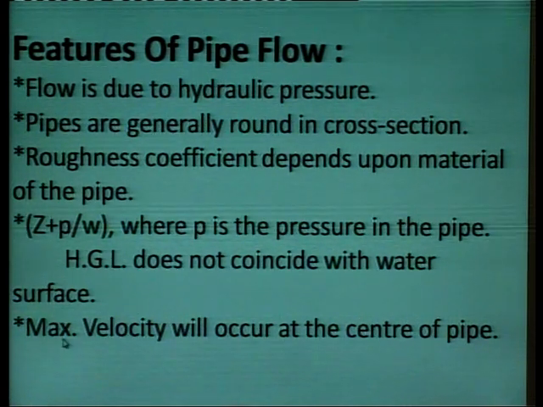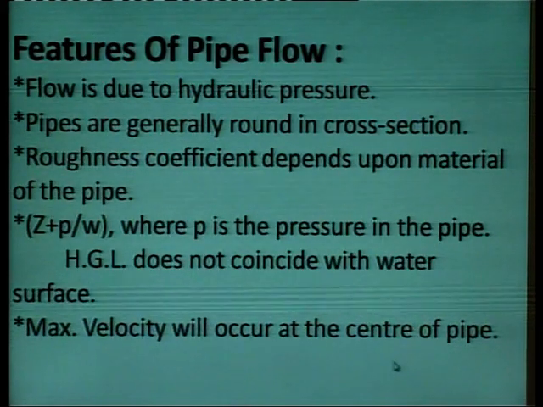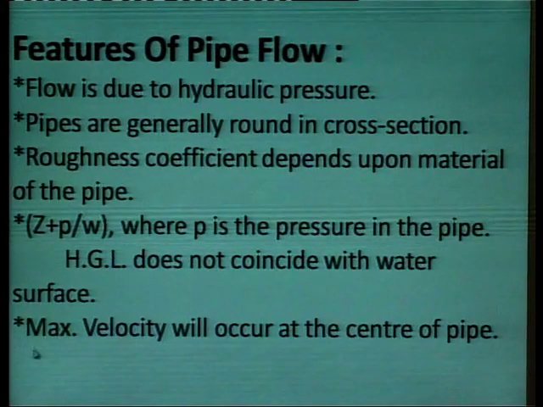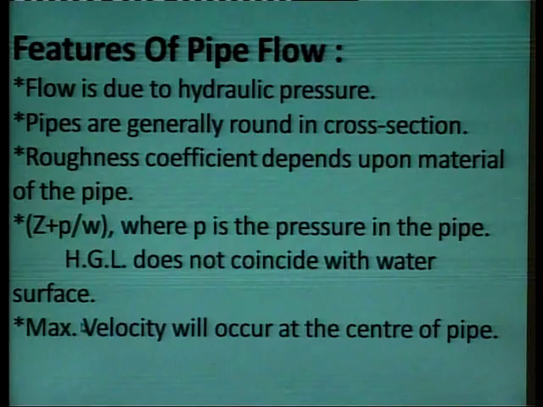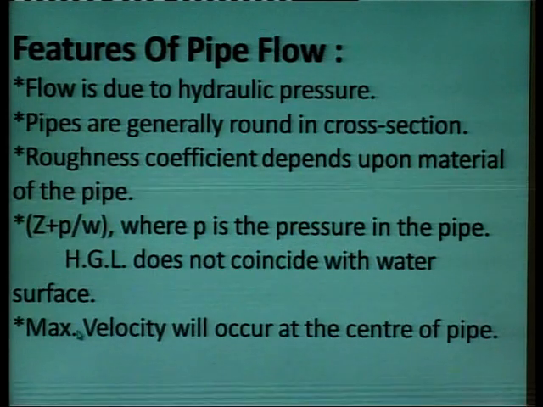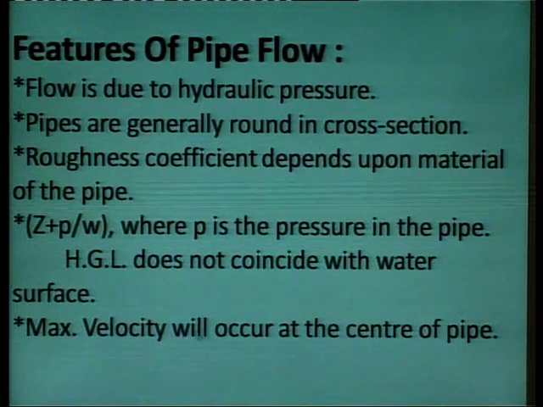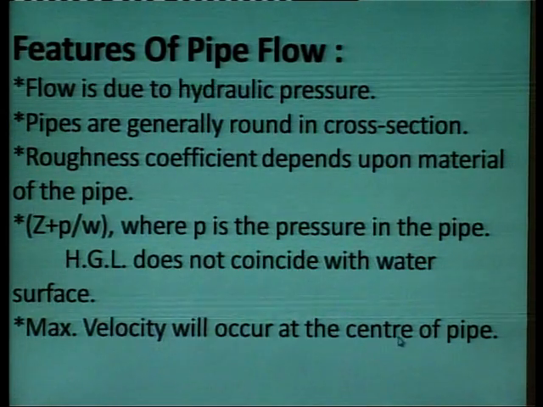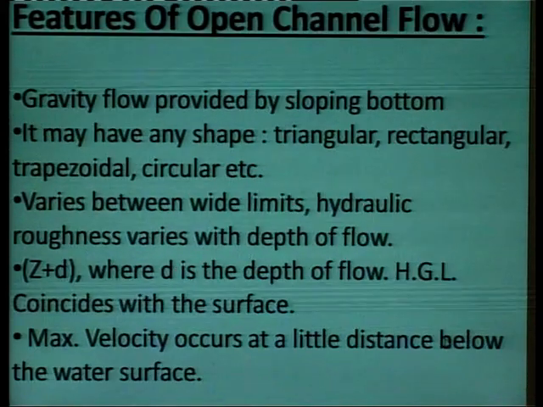And the last one is that maximum velocity will occur at the center of the pipe. As we have discussed earlier, the maximum velocity of the flow of the water occurs at the center of the pipe.